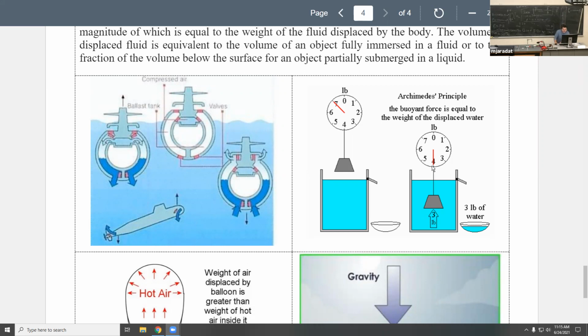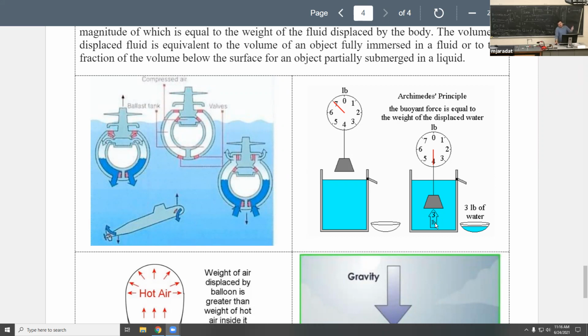For example, if this mass is 7 pounds, and we put it inside water, it will be 4 pounds. That means it lost 3 pounds. That's because we have a force from downward to upward on this mass. This force is 3 pounds.